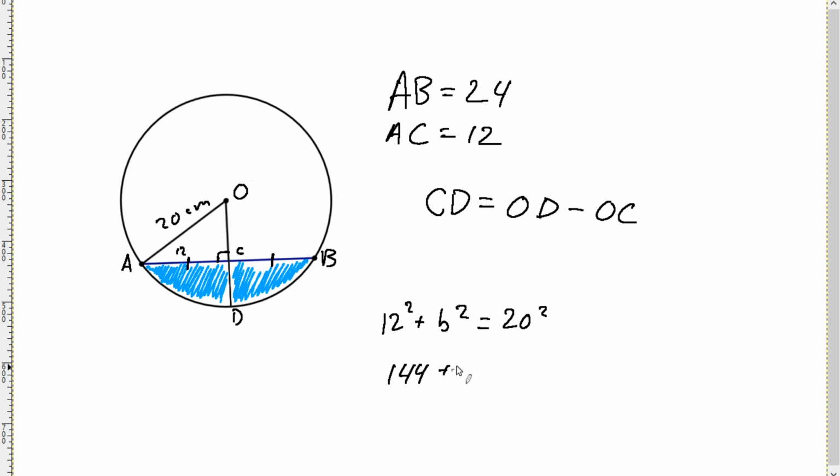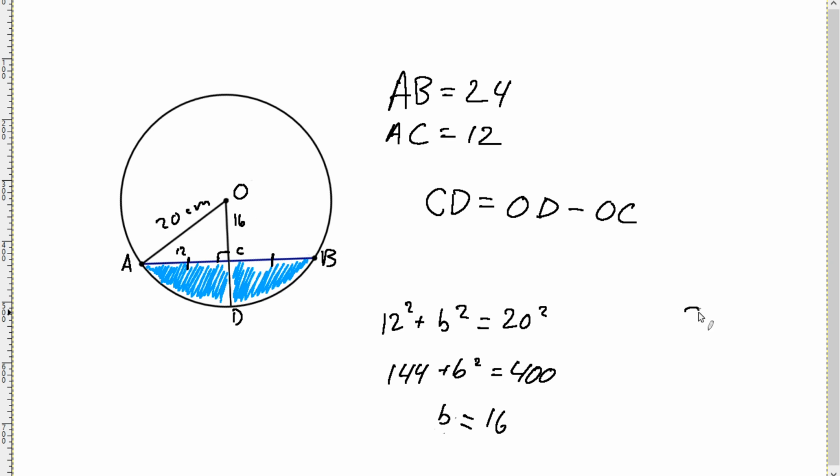We get 144 plus b squared equals 400. We do some math. You guys can figure that out if you want. You end up getting, oh, not x, sorry, B equals 16. So we know that this line here is 16.